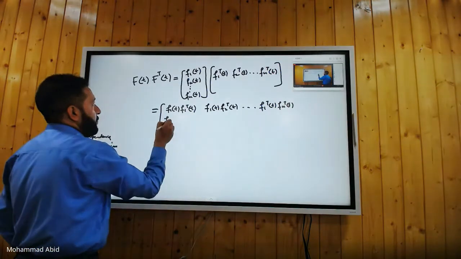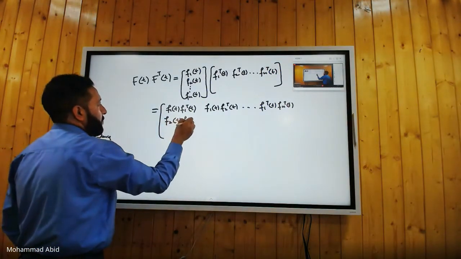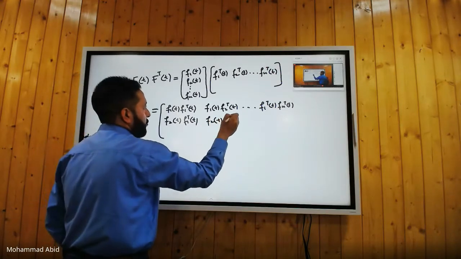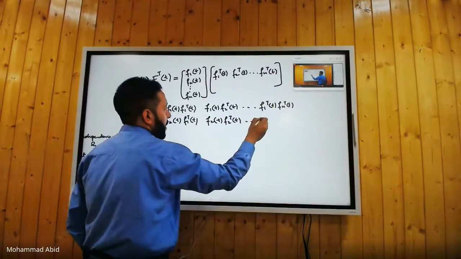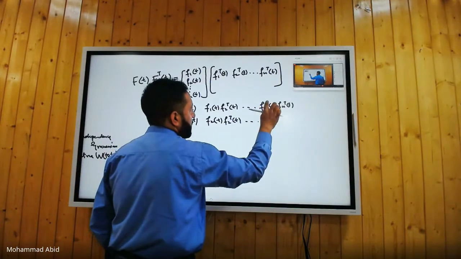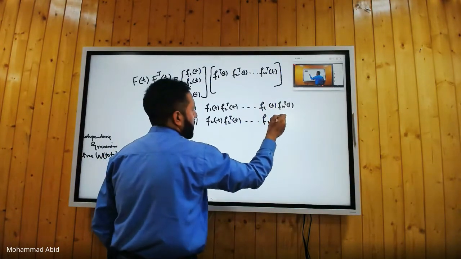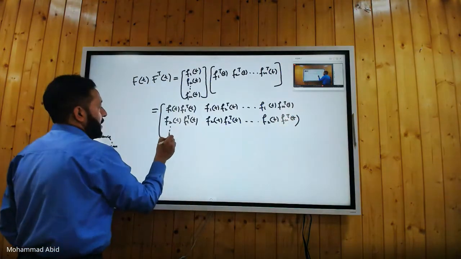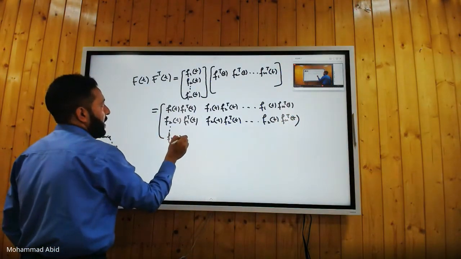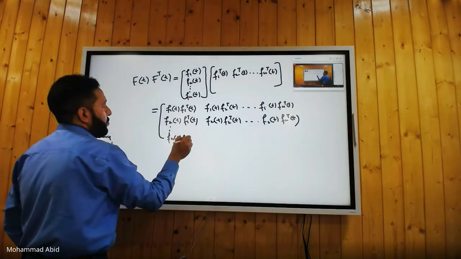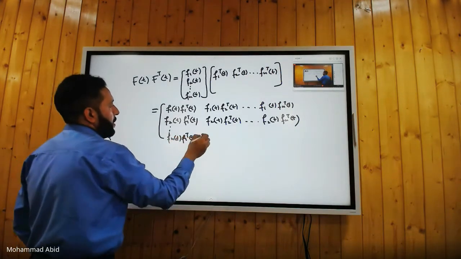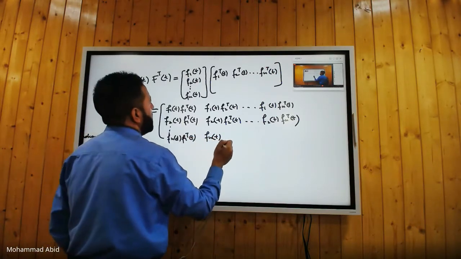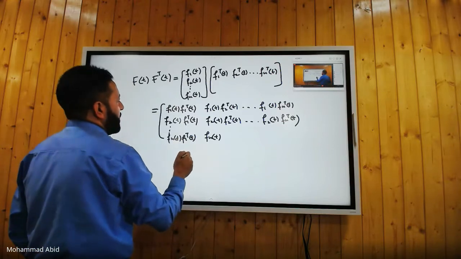Then next f2t f1 transpose t, f2t f2 transpose t, f2t fn transpose t, and so on. Finally, I have fnt f1 transpose t. Have I done it correctly?